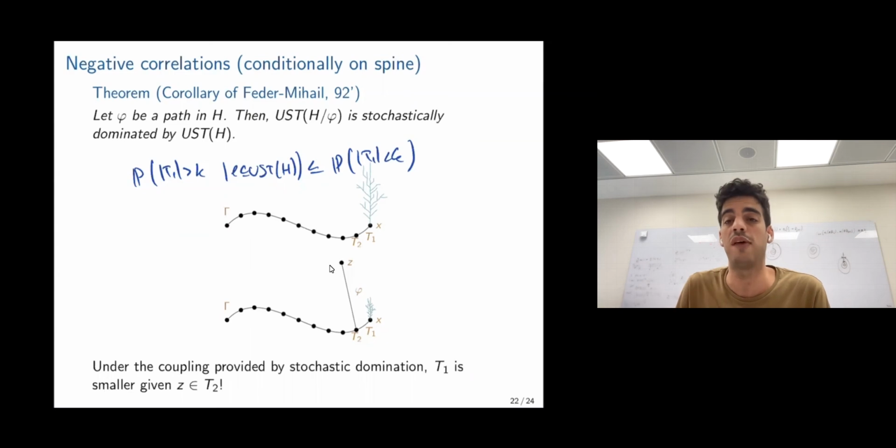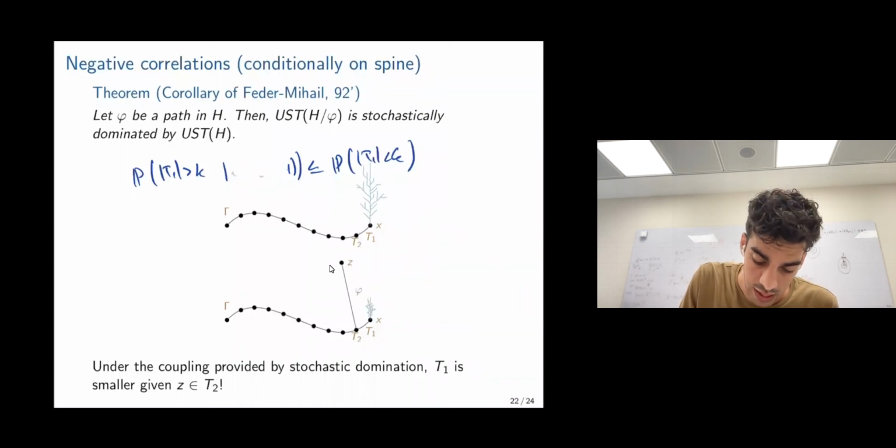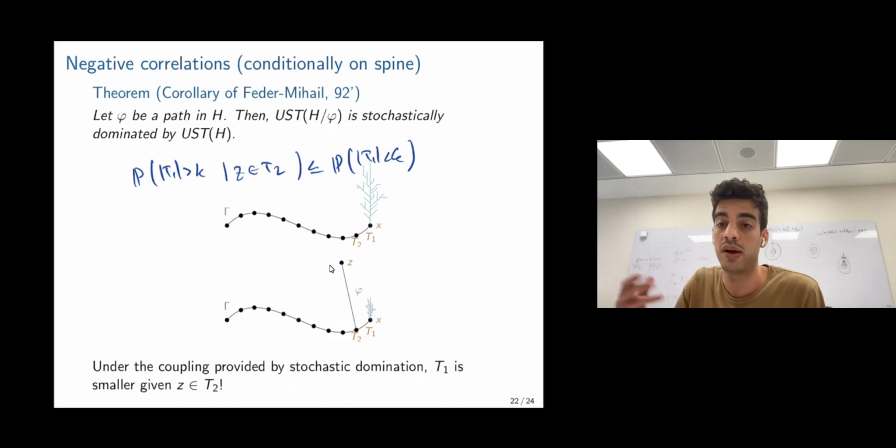But since we have this for every phi that connects the vertex Z to T2, we can simply replace this conditioning on phi in the UST of H with Z in T2. And why is that? We can simply decompose this event according to what is the path phi that connects Z to T2. So eventually we get that given Z being in T2, the probability of T1 to be large only gets smaller compared to what would happen without conditioning.